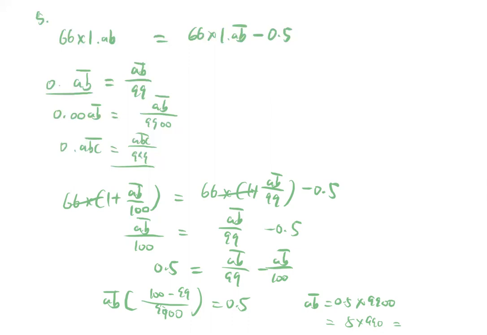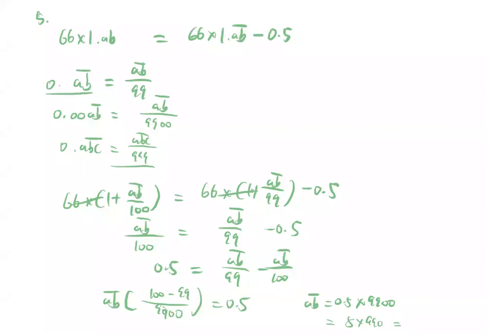Wait, sorry, I think I did something wrong here. This is basically a typical mistake I always make. We have 66 here, so we group the 66 out as well.